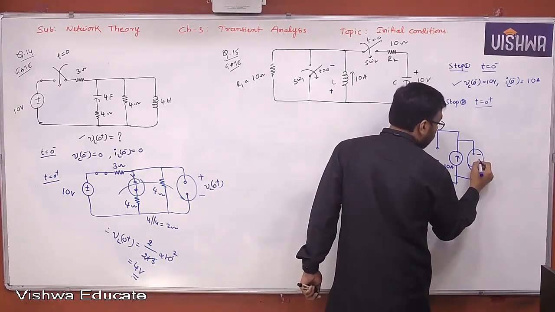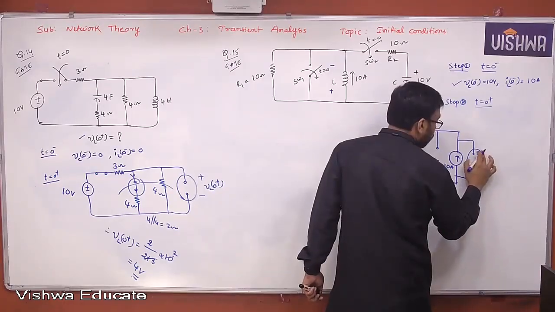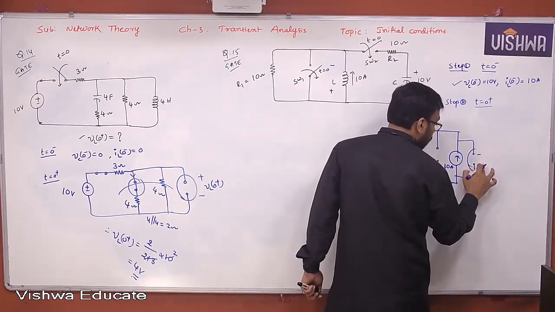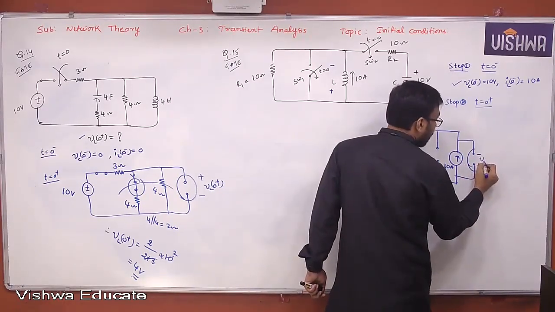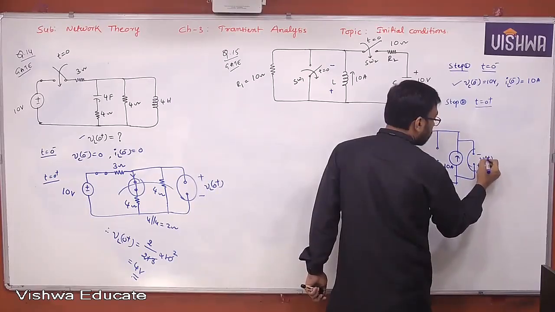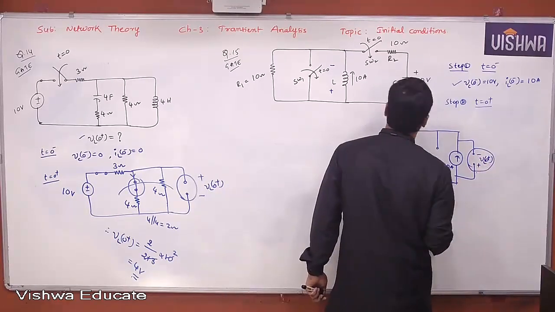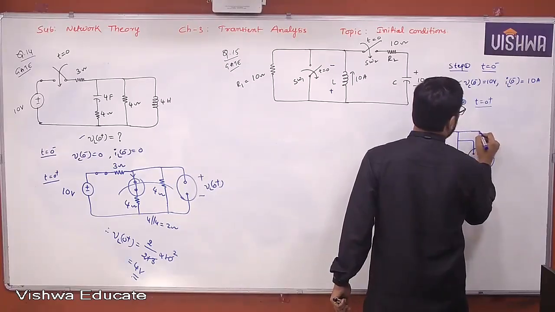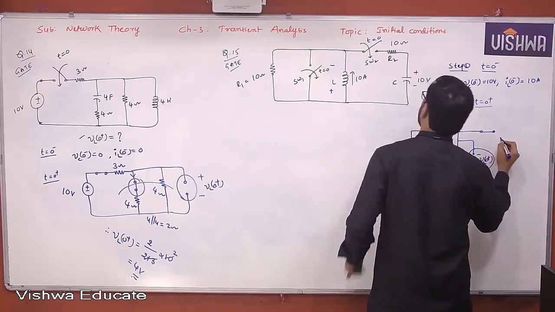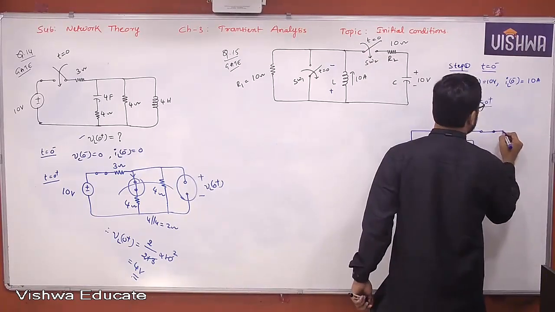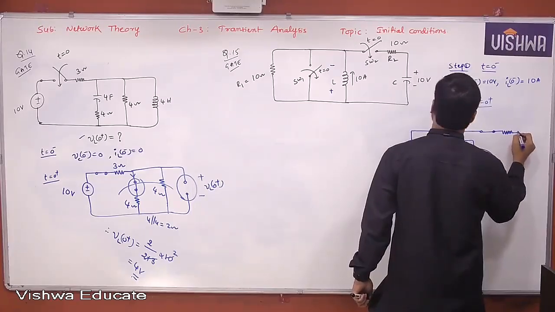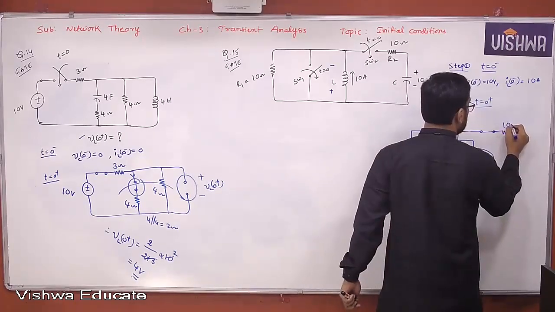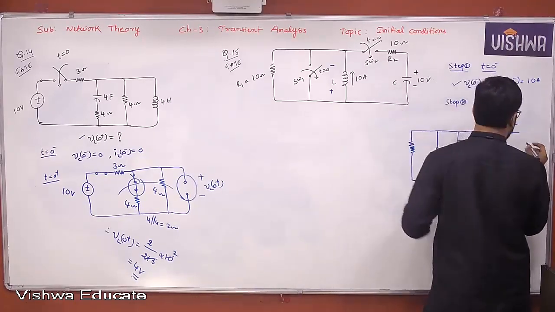You want VL of 0 plus. Now, next, close the switch. This is 10 ohm. What about this capacitor?